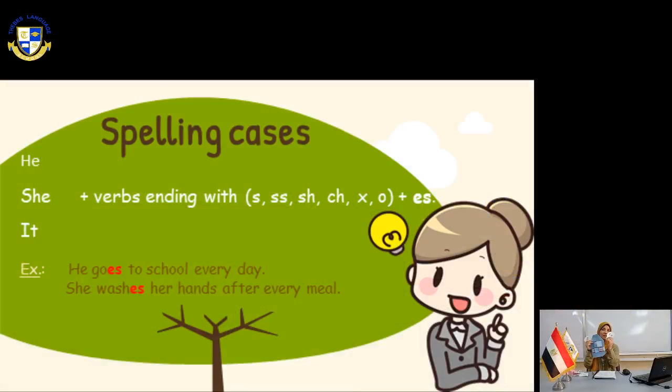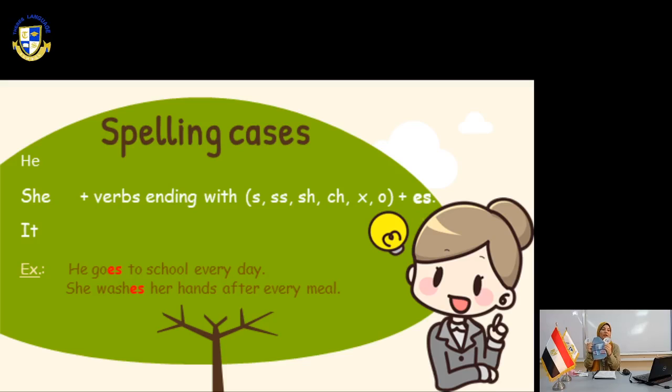And that's the second noisy sound that comes from this house. So we put s at the end of any verb that comes after he, she, it. But if the verb ends with one of those letters, s, or ss, or sh, or ch, or x, or o, we will put instead of only s, es.